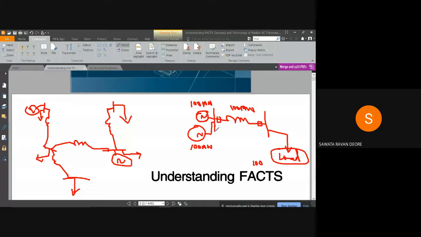Similar to the generator, we need another parallel transmission line of the same capacity between these two buses of generator and load, so that if any one transmission line fails, the other can maintain the continuity of supply. Under normal condition, both lines may be in regular operation, but their loading will be 50% of their rated capacity.